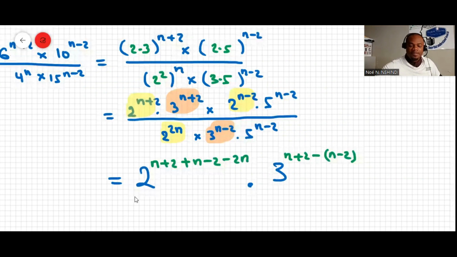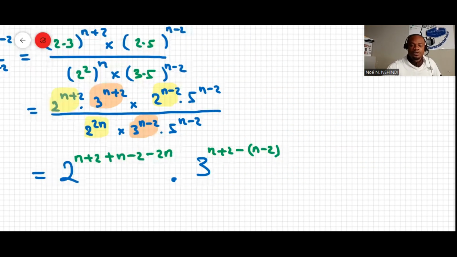Okay, then we will consider the other term. So the other number, so we have like this and then that. So I'm going to write multiply by 5, okay, to the n minus 2. Okay, this at the numerator, and then minus n minus 2 at the denominator.